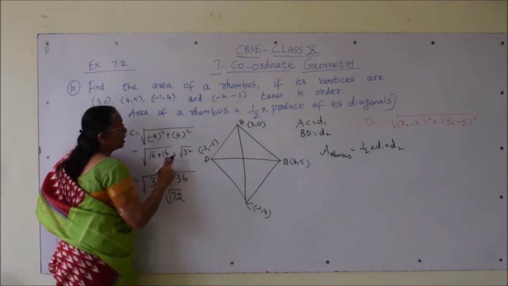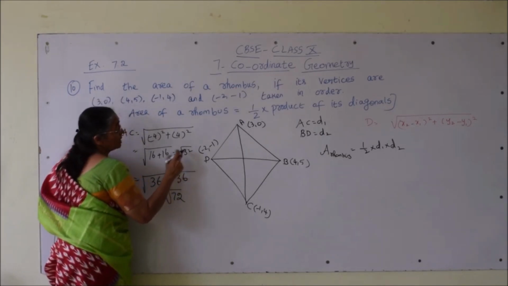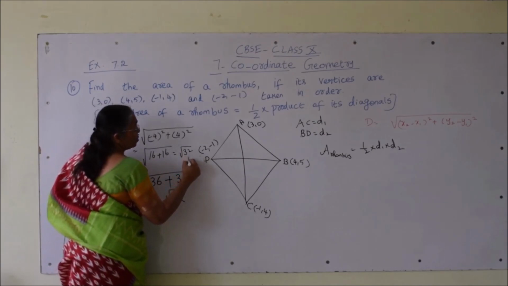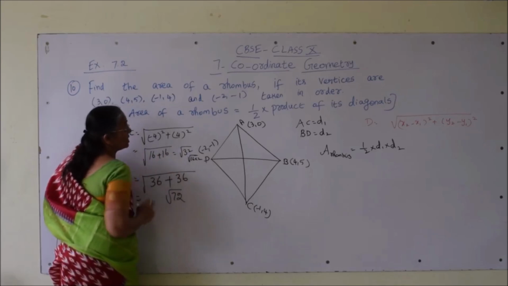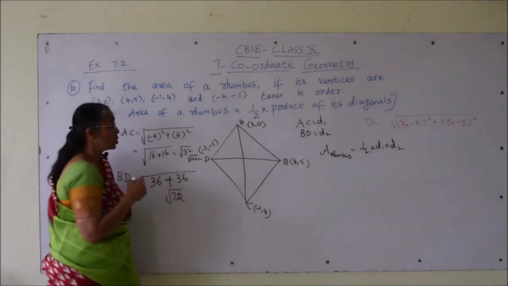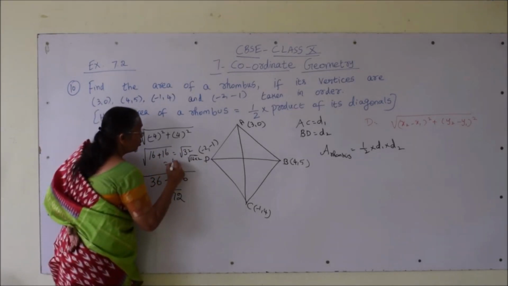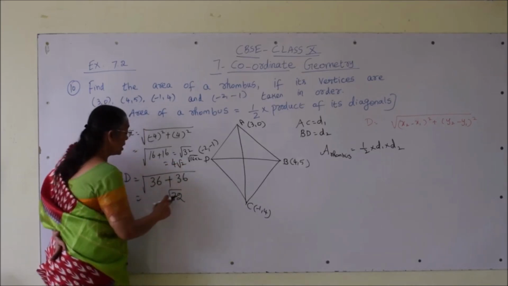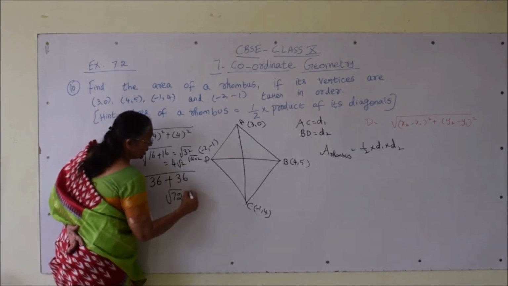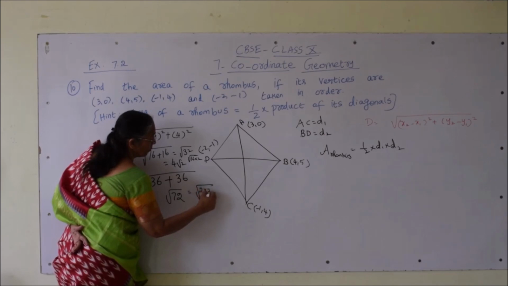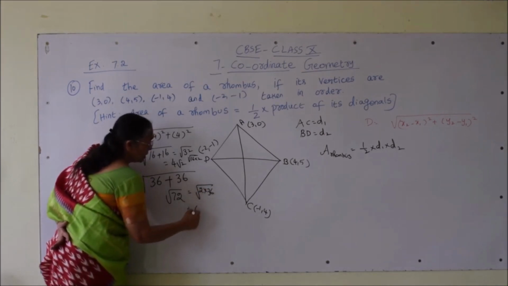Now for AC, root 32, we can write this as root over 16 into 2. So 16 we can find the square root. So this is nothing but 4 root 2. Similarly, here also this is 2 times 36. So this is 6 root 2.